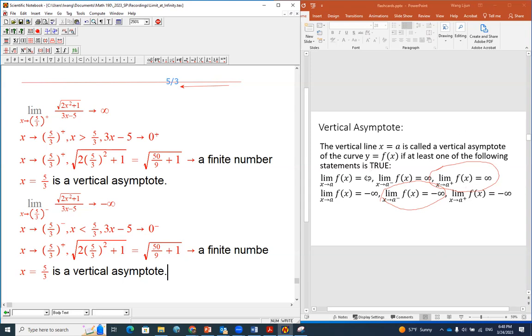In this definition, if any one of them is satisfied, it works. Now we have both satisfied, so this is a vertical asymptote. Both apply, both are true in this case. So when we approach 5/3 from smaller or larger, it's satisfied.